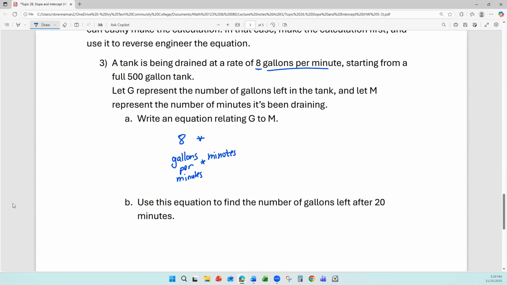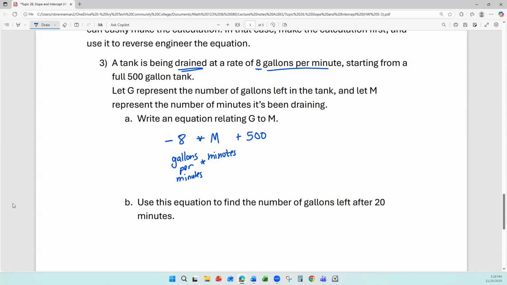M represents the number of minutes, so 8 times M. The change amount gets multiplied by the input. And then it started from a full 500-gallon tank. Also, it is being drained. That's important because that means I'm actually doing a minus 8 gallons per minute. It's going down. And the initial amount was 500.